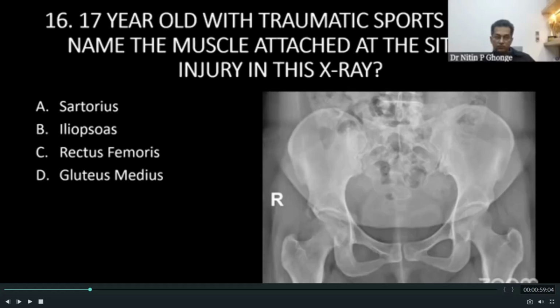X-ray pelvis shows avulsion fracture of the right anterior inferior iliac spine where rectus femoris is attached. Please read about the attachments of other muscles and tendons, which are also very informative.